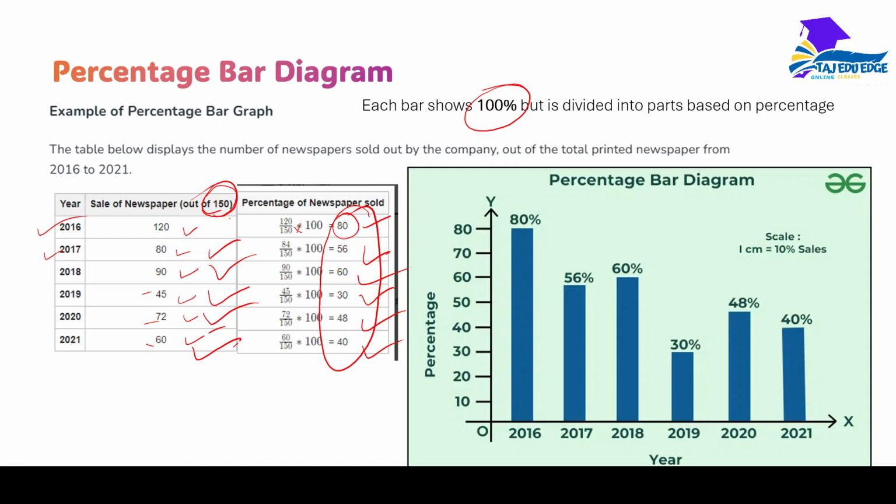Based on the percentage, we can draft a bar diagram. Each year: 2016 80%, 2017 56%, 2018 60%, 2019 30%, 2020 48%, 2021 40%. So this is how the percentage bar diagram is drawn.